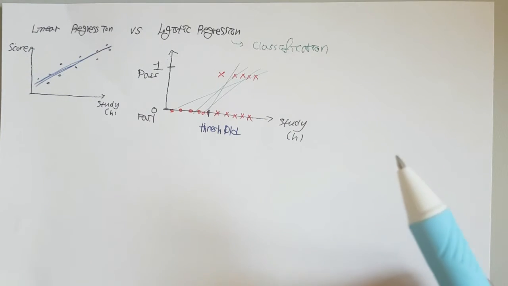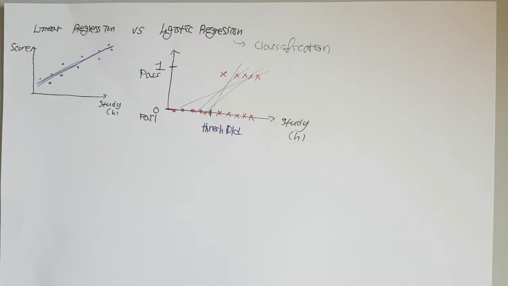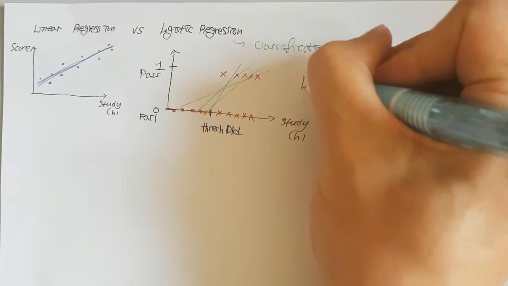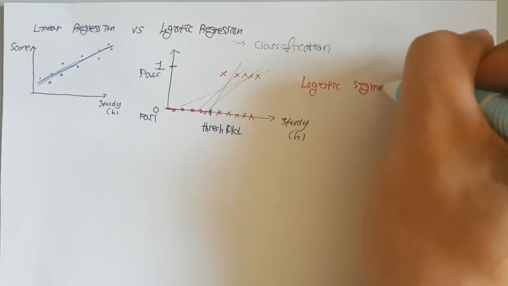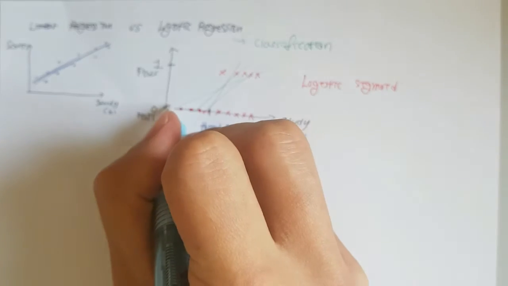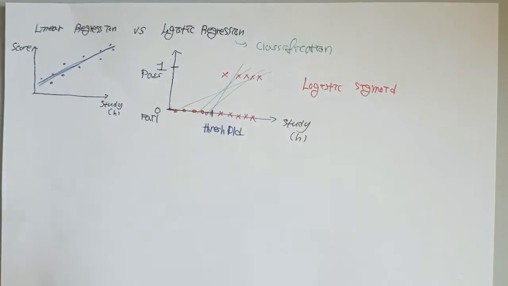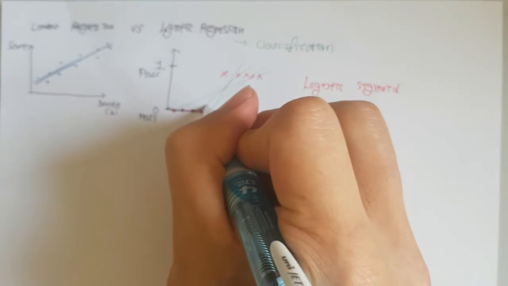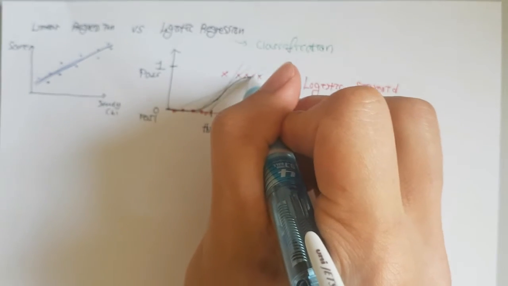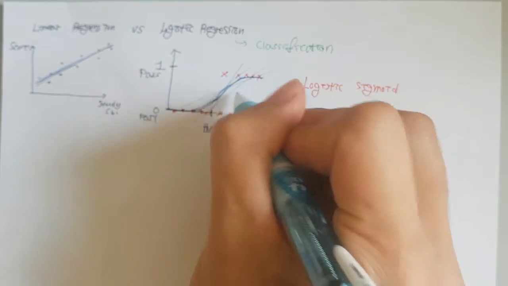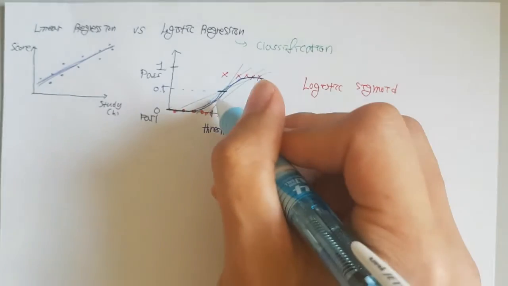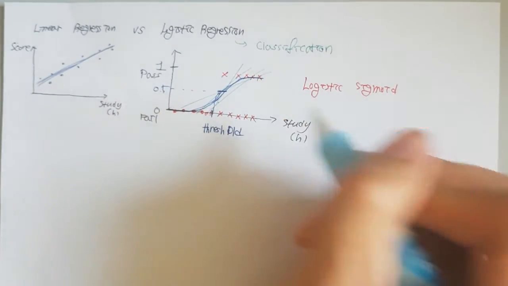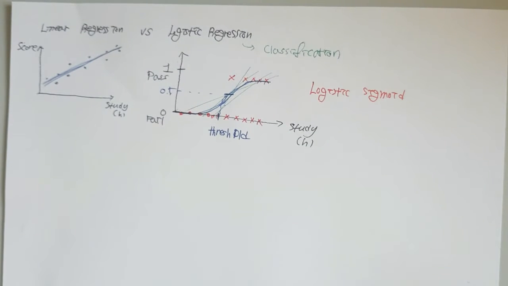Therefore, we are using the sigmoid, the logistic sigmoid. The logistic sigmoid looks like this shape, I will change the color, and this will normally be 0.5, and this will be the threshold value of some time.